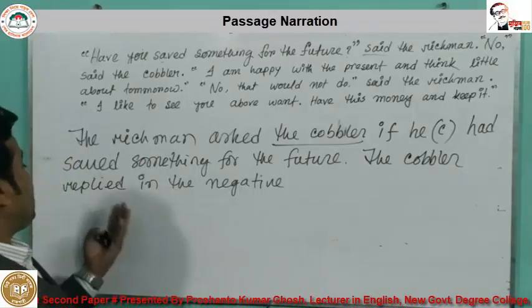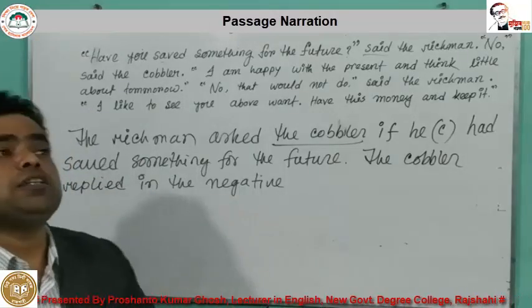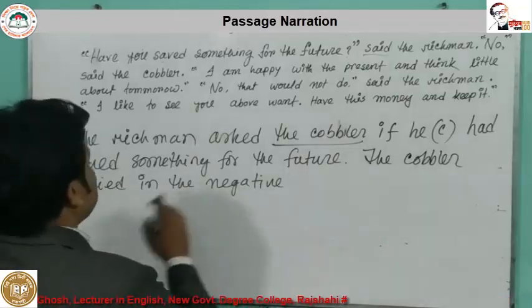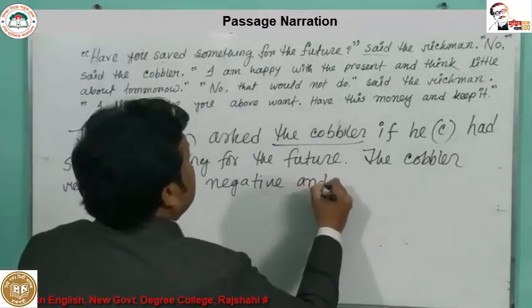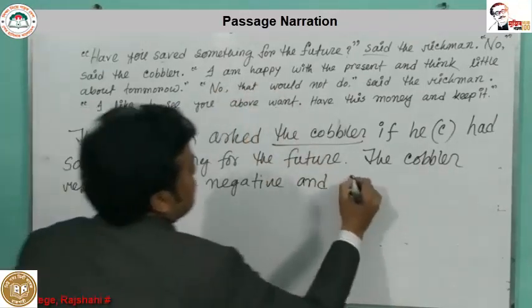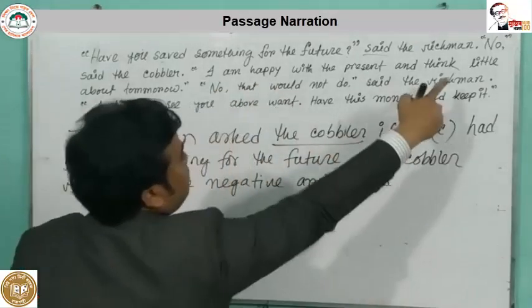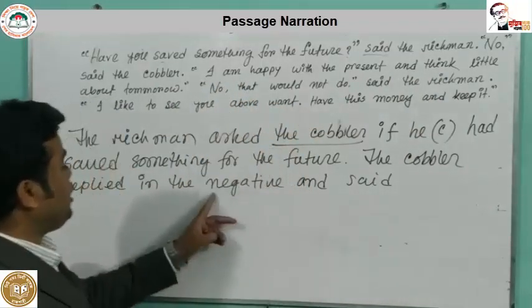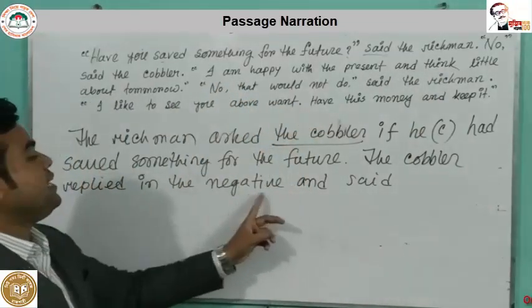Okay, you can use reply in the negative or replied negatively. The cobbler replied in the negative and said that, because after no there is another speech of the cobbler.